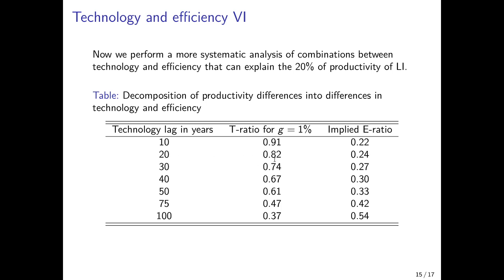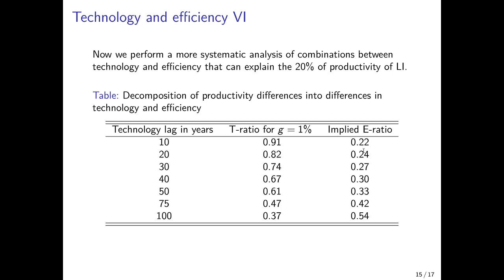For 20 years, it would be 82%, for 30 years, 74%, 40 years, 67%, and so on. And when the difference is 100 years, then the low-income country would have 37% of the technological capabilities of the high-income country.